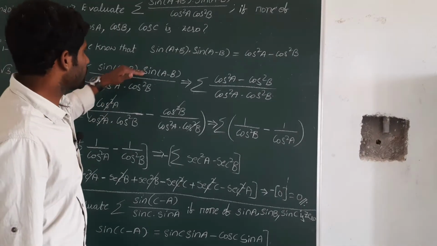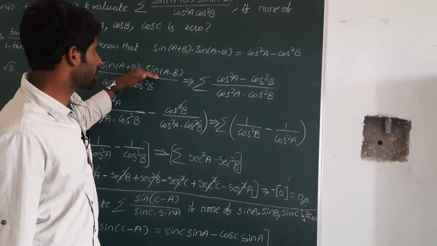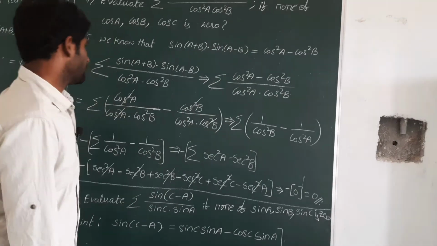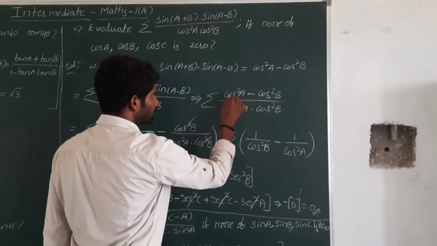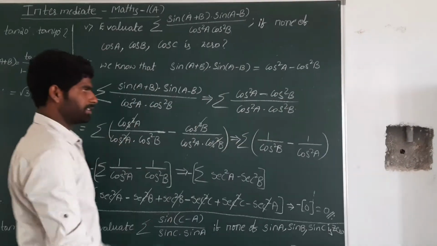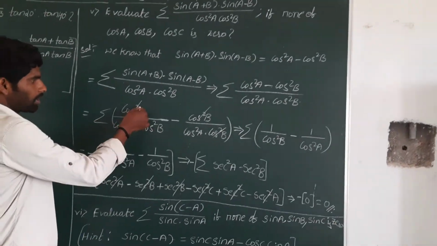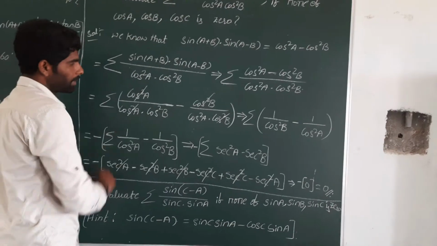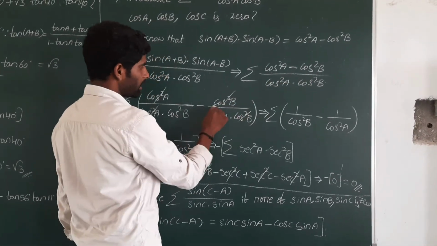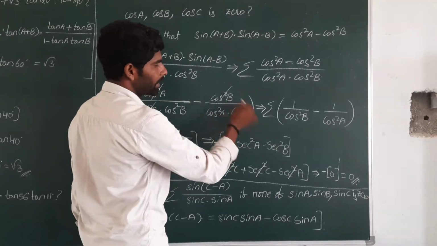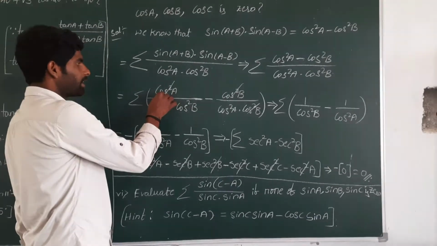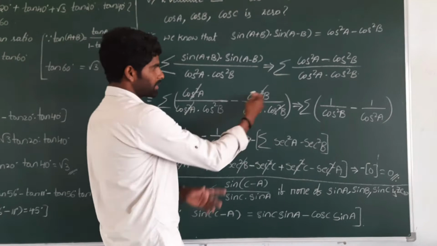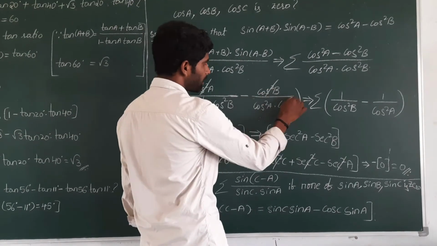From the above step, we write in this place cos square A minus cos square B divided by cos square A into cos square B. Here there are two terms, cos square A and cos square B, so I can write summation of cos square A divided by cos square A into cos square B, minus cos square B divided by cos square A into cos square B. Cos square A in the numerator and cos square A in the denominator cancel. Then the second term is cos square B divided by cos square A into cos square B.